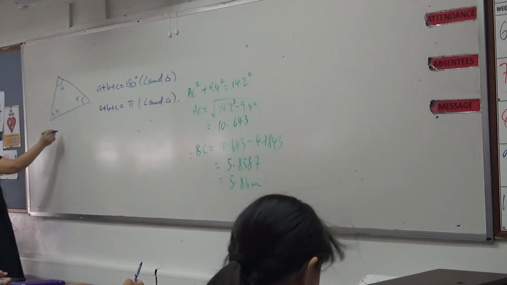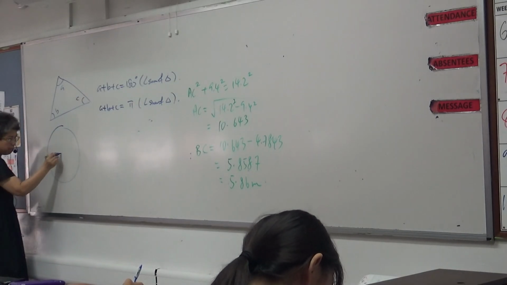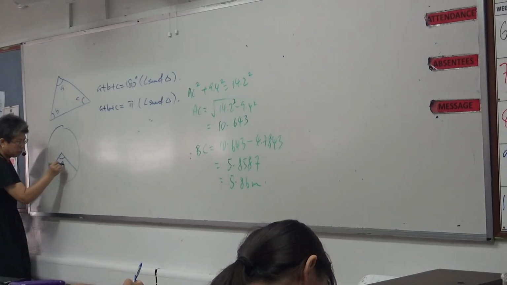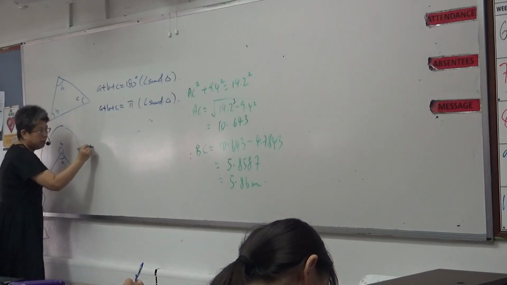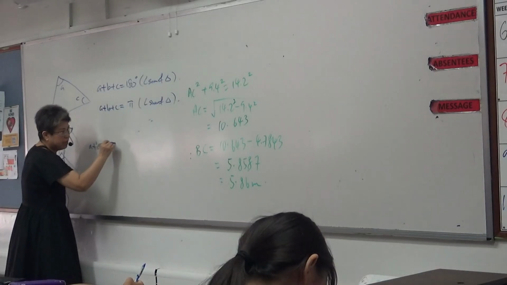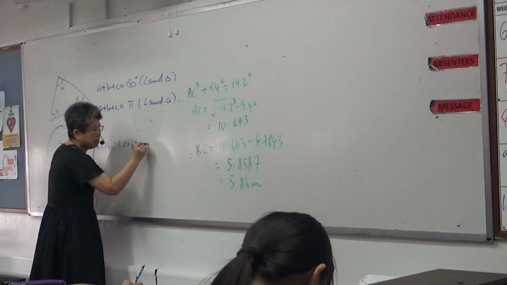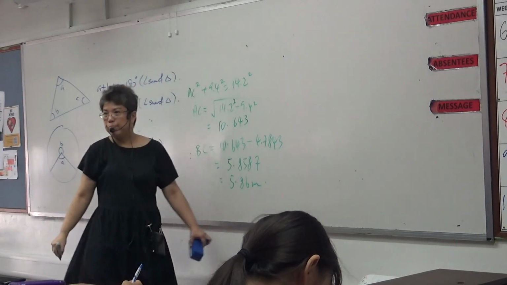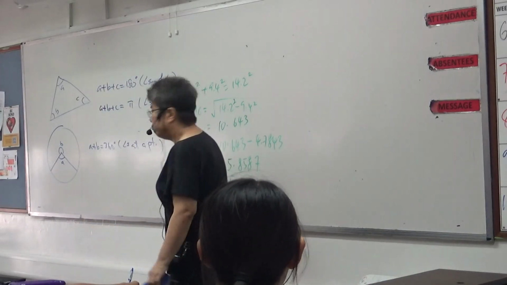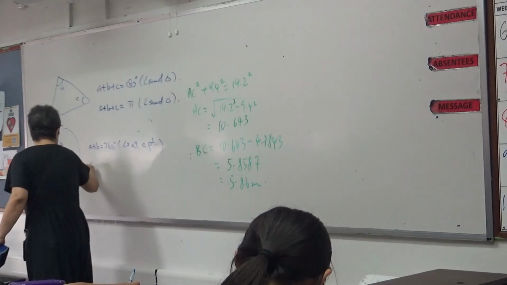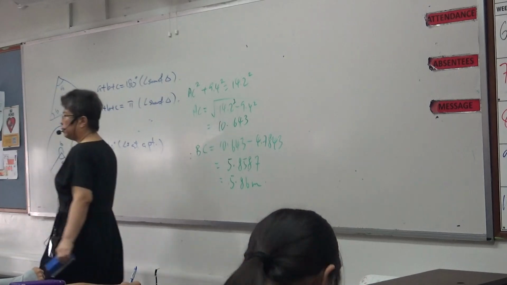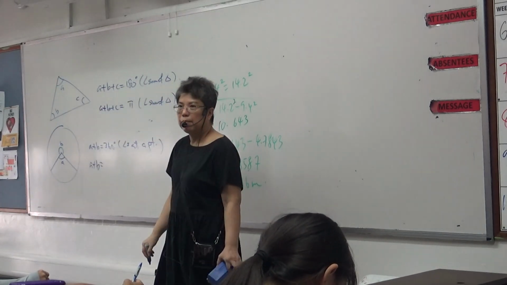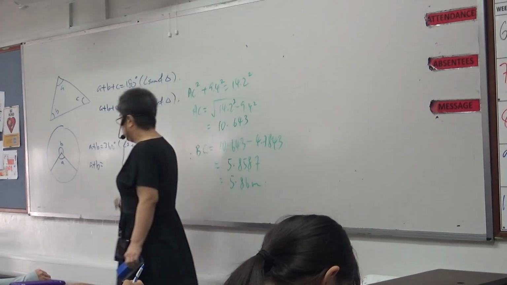Okay, now. Angle A plus angle B is 360 degrees. Angles at a point, right? Correct? Now, what if it's in radians? What is that? 2 pi.